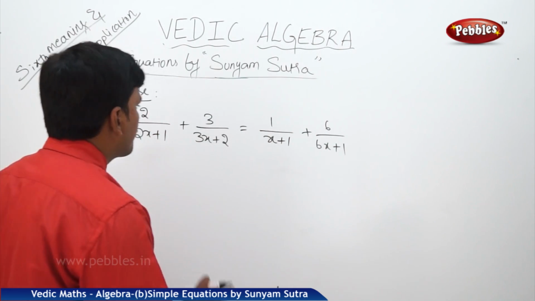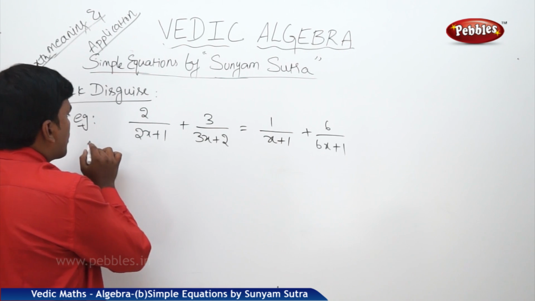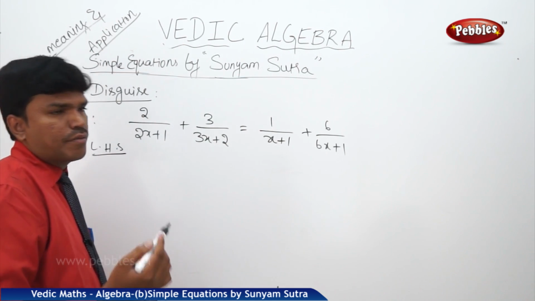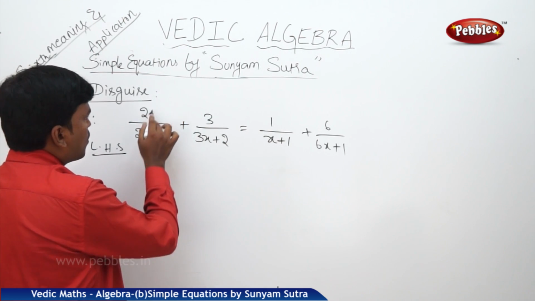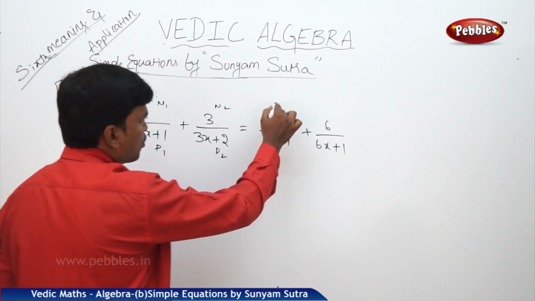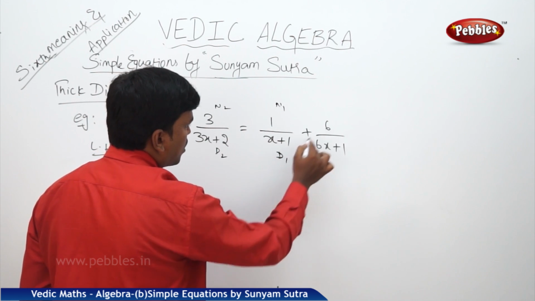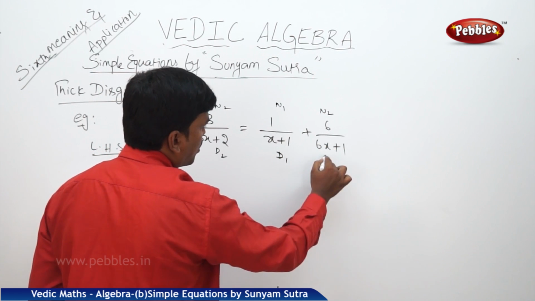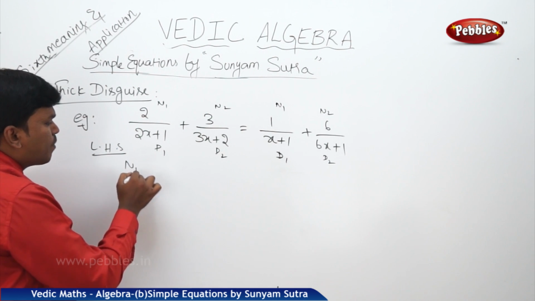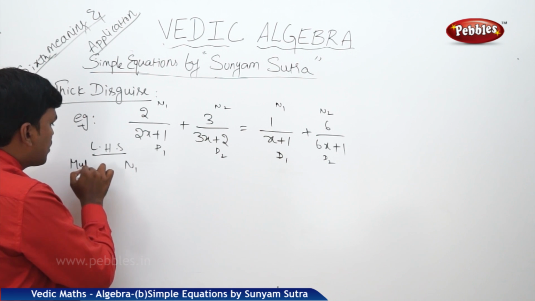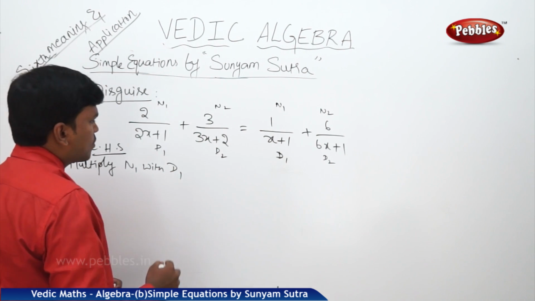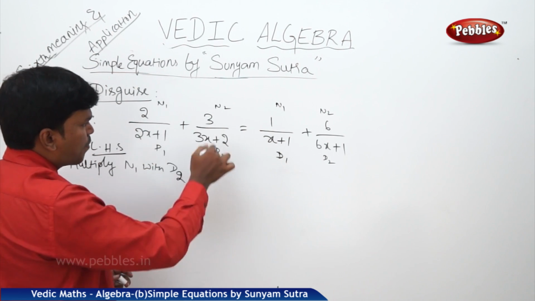First of all, what you need to do, on the LHS, first we will see the LHS. On the LHS part, cross multiply and see the terms. So this is numerator 1, denominator 1, numerator 2, denominator 2. Here also numerator 1, denominator 1, numerator 2, denominator 2. First, on the LHS, multiply numerator 1 with denominator 2, cross multiply.